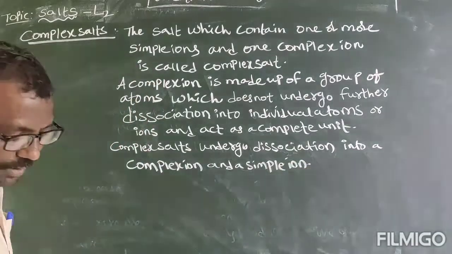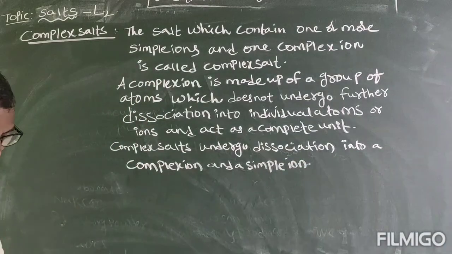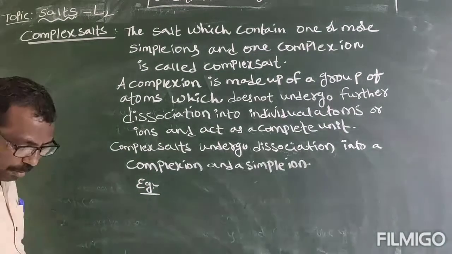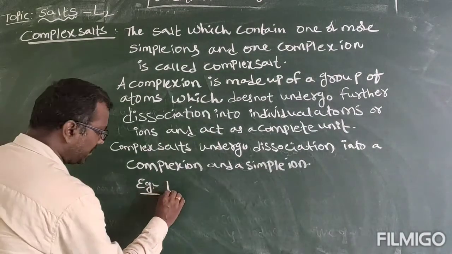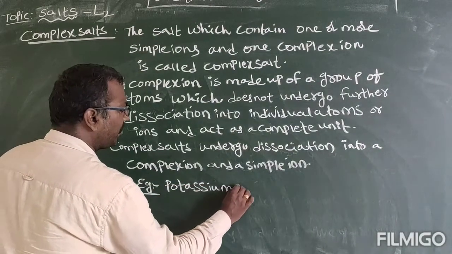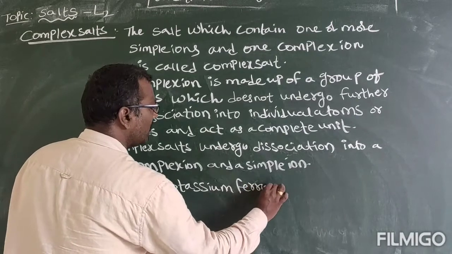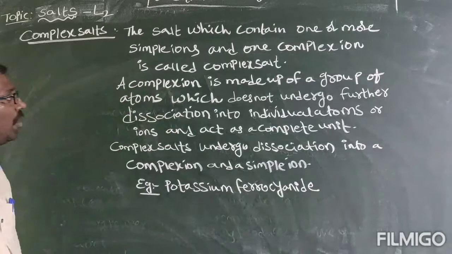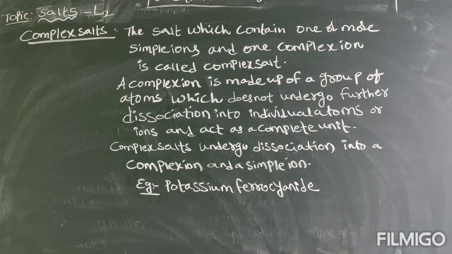Okay, they will dissociate like this, into a complex ion and a simple ion. And the example is potassium ferrocyanide. So it is an example of a complex salt.